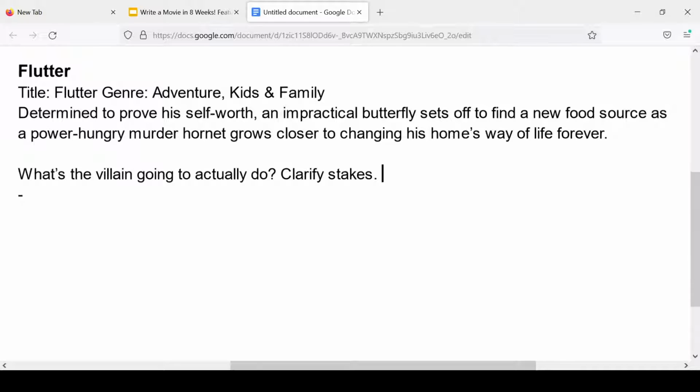The hornet's trying to take over the kingdom? Yes. Okay, and to what end? Like to become a dictator, a sort of totalitarian villain? Yeah, essentially. Okay, so in that case, I would be more specific, like a last resort kind of deal.